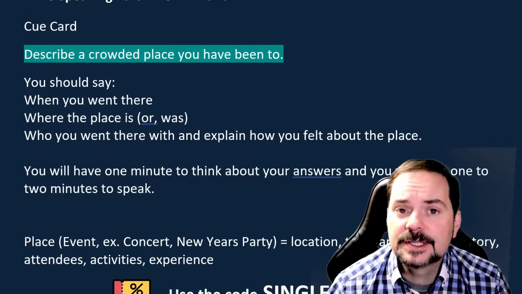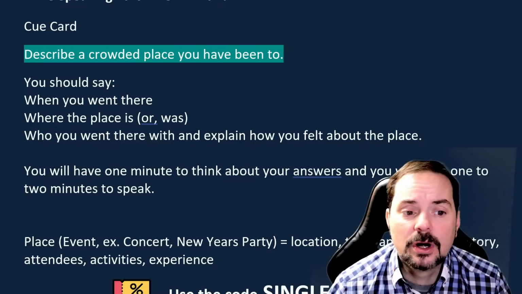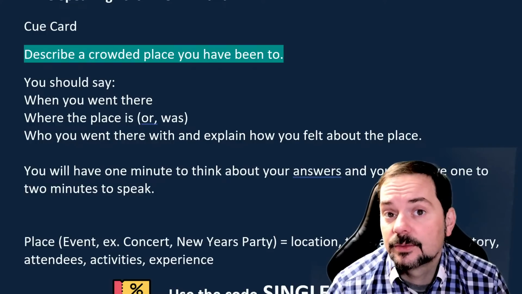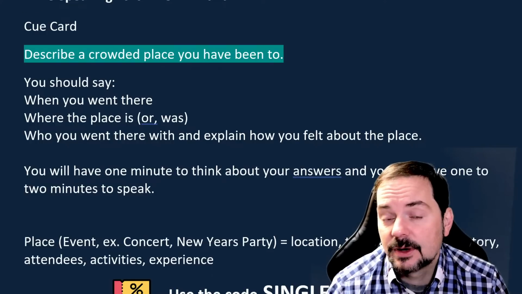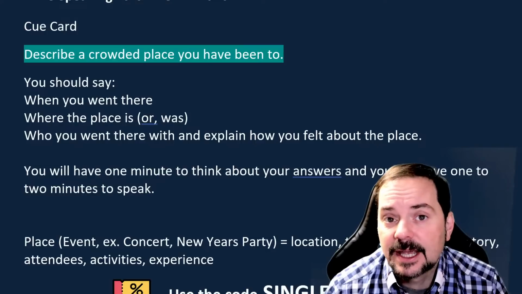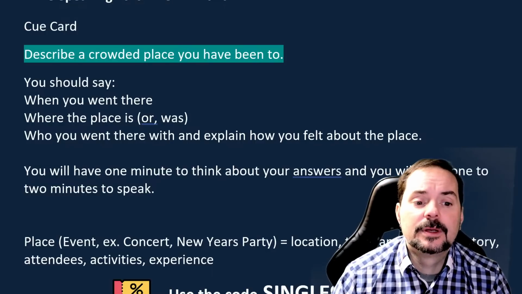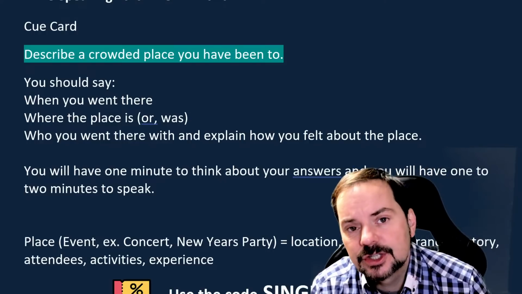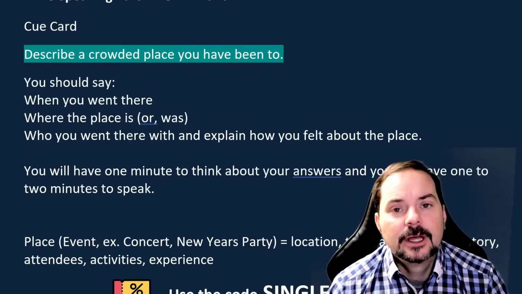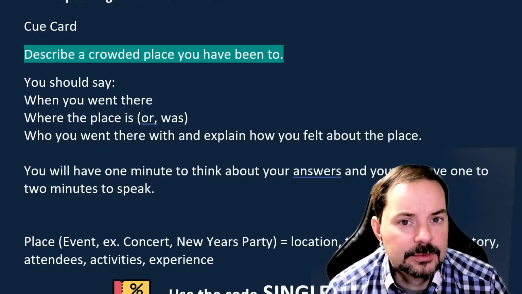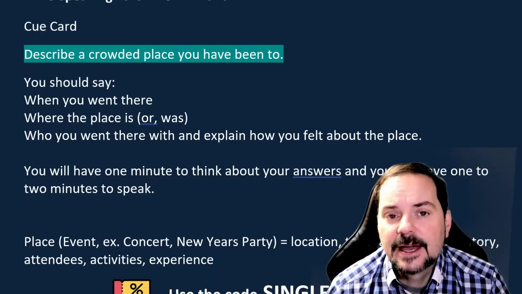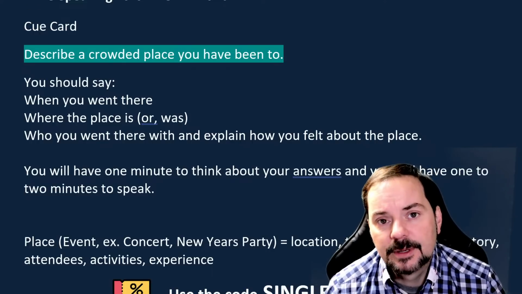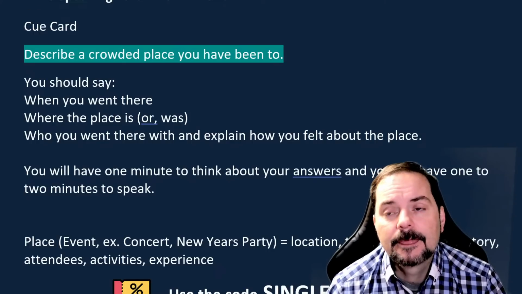And then as soon as that happens, you read the card carefully, and it may be a good idea to read it twice. You have to answer the questions, and you have to stay on topic. It's bad advice when people say, oh, the questions are just a guide. There's a couple reasons that's a bad idea. One, if you go off topic, the examiner will stop you.